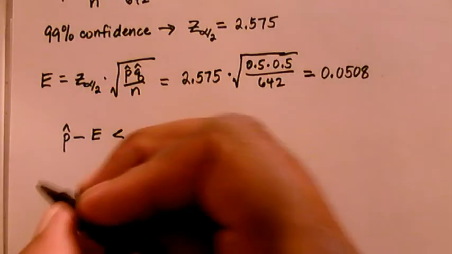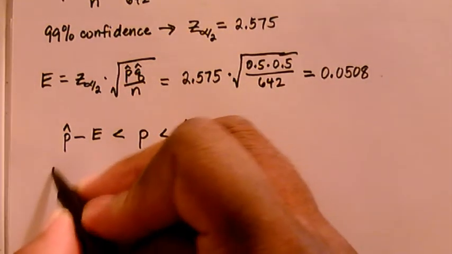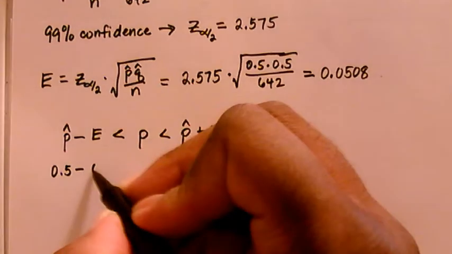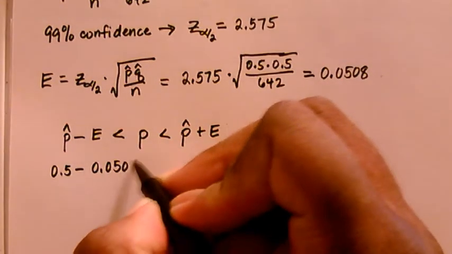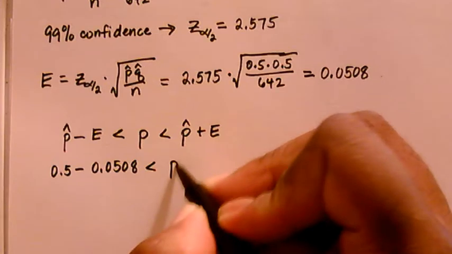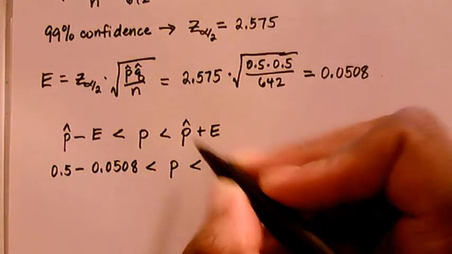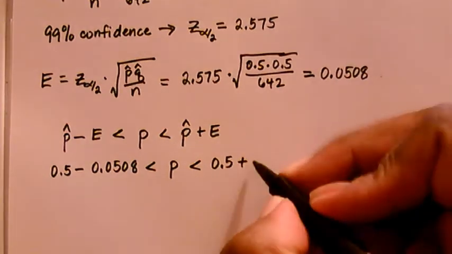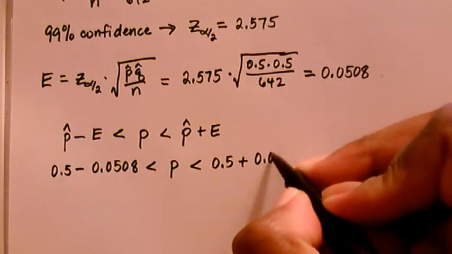P hat is 0.5 minus E, which was 0.0508. That's less than P and less than. Copy those same numbers, but this time it's going to be a plus sign in between it. 0.5 plus 0.0508.